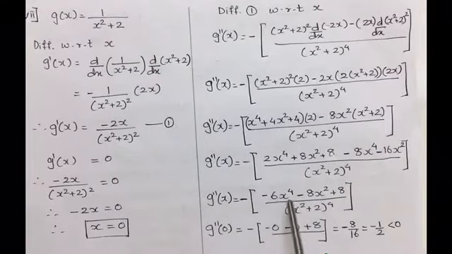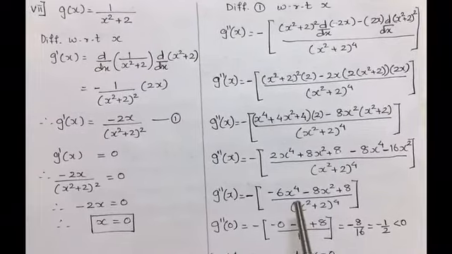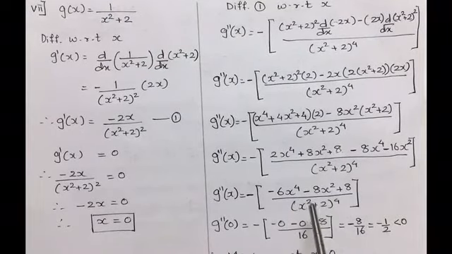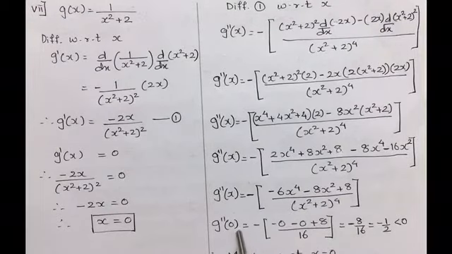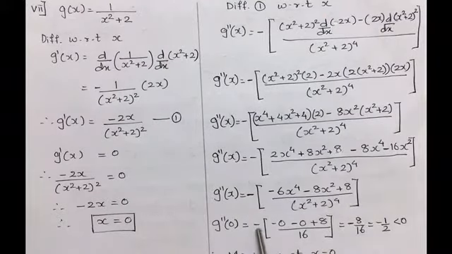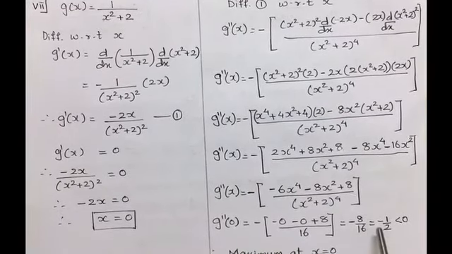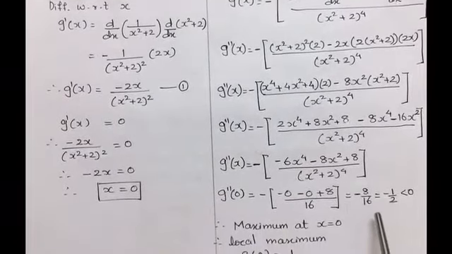Now this value of double derivative is to be calculated when the value of x is 0. So keeping x as 0 in the second derivative, we get minus 8 by 16. That gives us the value as minus 1 by 2.